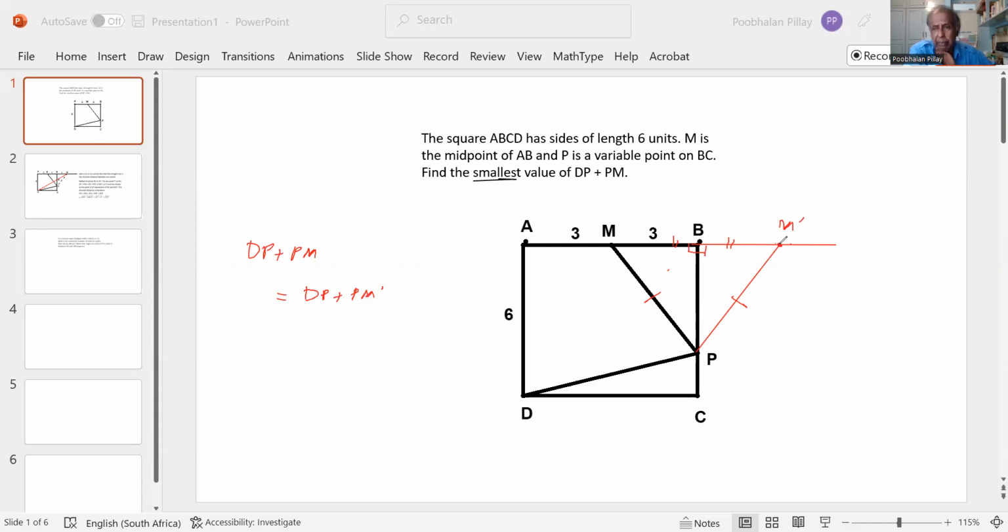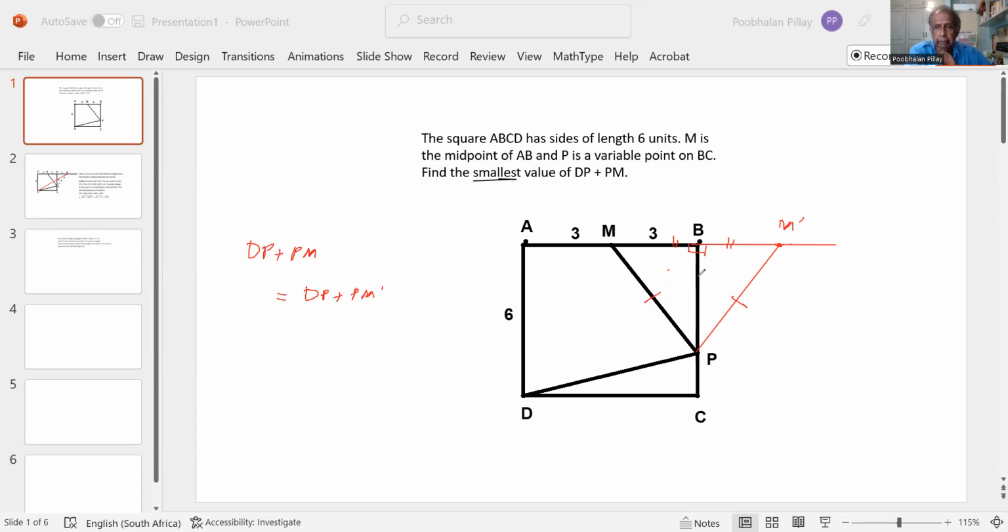Now understand, M prime is created from M. All you do is you go up to B and you go the same length to the other side, right? So M prime is created from M. So once you've got this, now the sum that you're looking for is DP plus PM. Now P is a variable point.